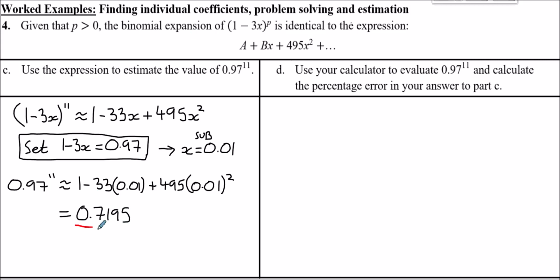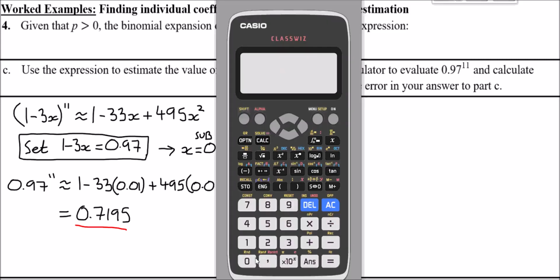Now for D, we're going to see how accurate our answer actually was. So it says use your calculator to actually just work out what 0.97 to the 11 actually was, and calculate the percentage error in your answer to part C. So 0.97 to the power 11. Just type this in and write down all the numbers on your calculator.